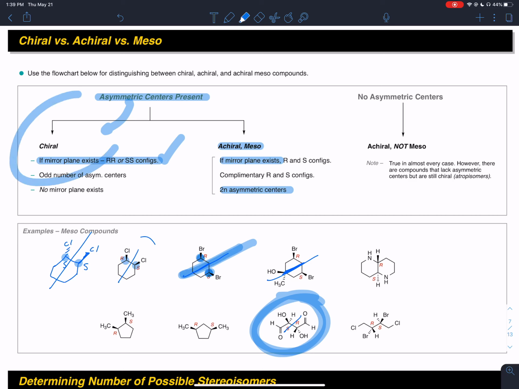So quite simply, chiral molecules are molecules that could possess asymmetric centers that are not meso. A chiral molecule is a molecule with a non-superimposable mirror image, and usually having these asymmetric centers confers that non-superimposability of the mirror image.